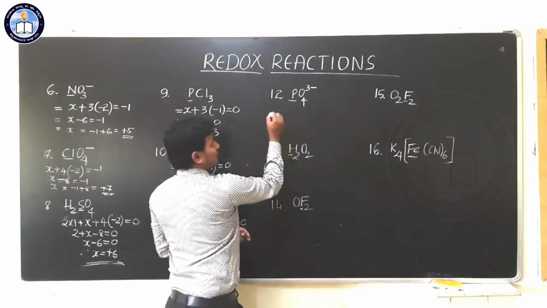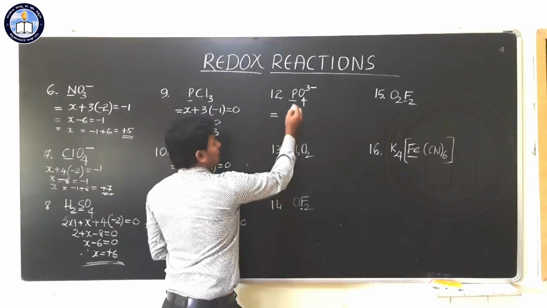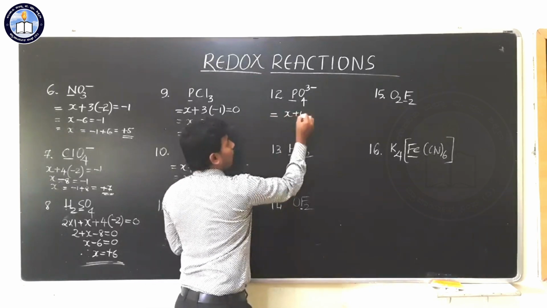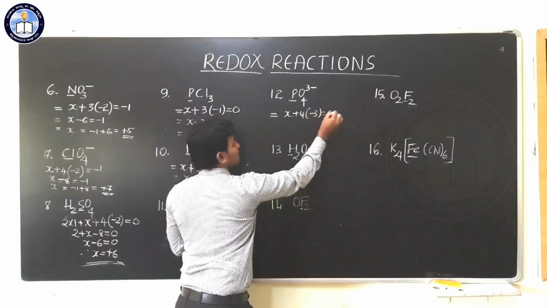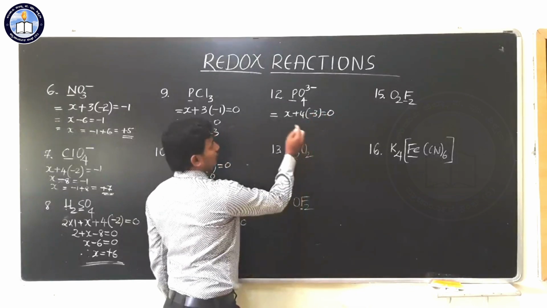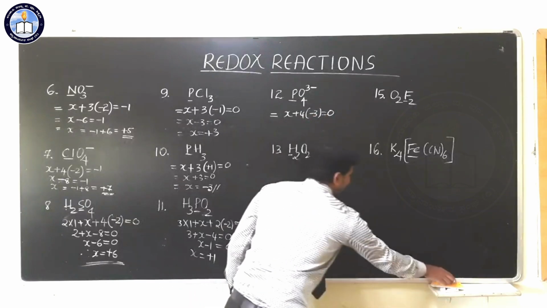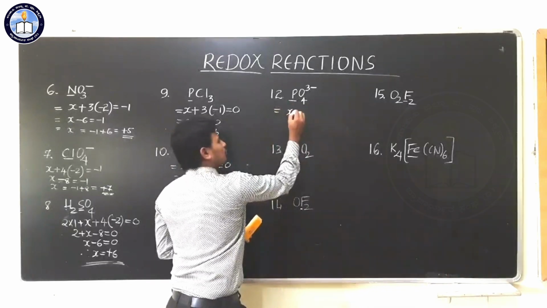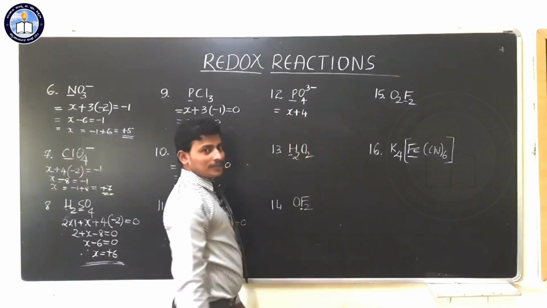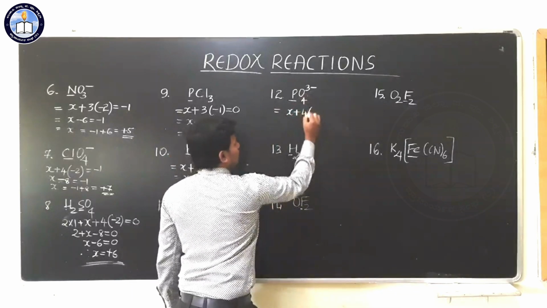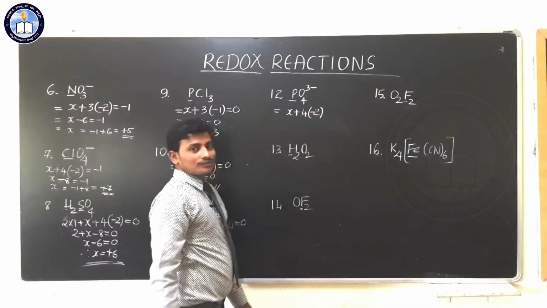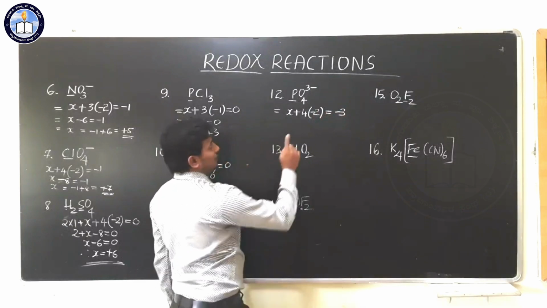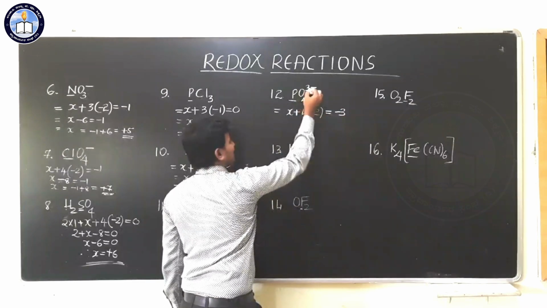What about this one? Try this one now quickly. x plus 4 into the oxygen value minus 2 equals minus 3. Okay, don't make a mistake here. Don't take the oxygen value as minus 3.